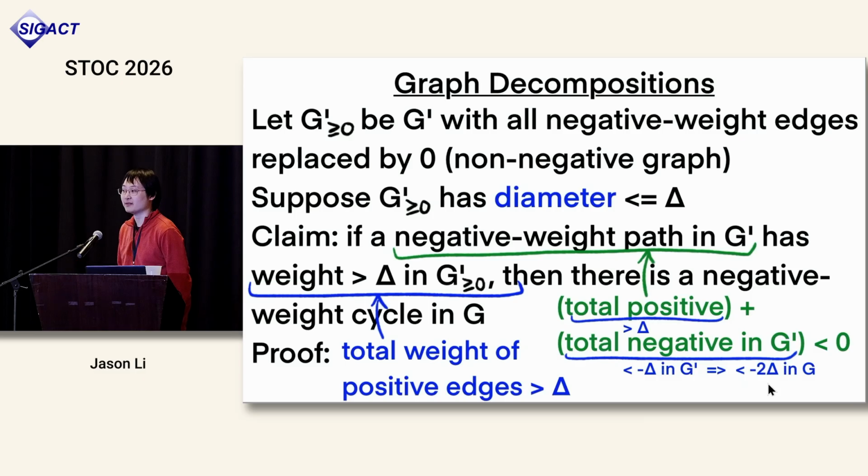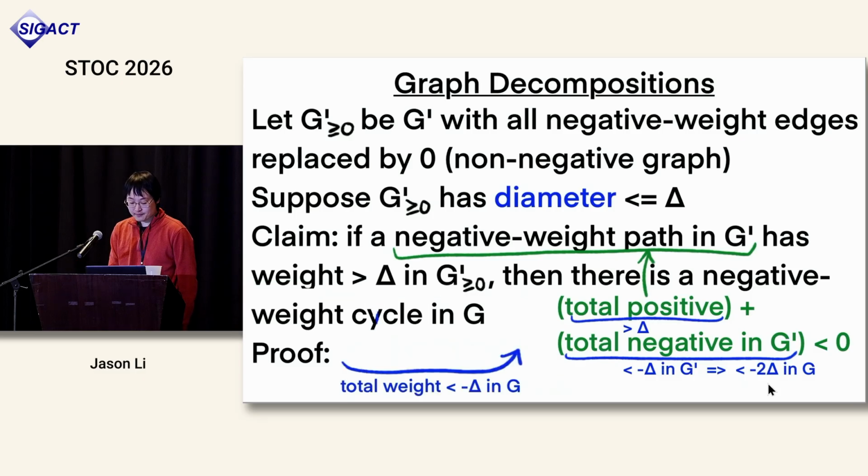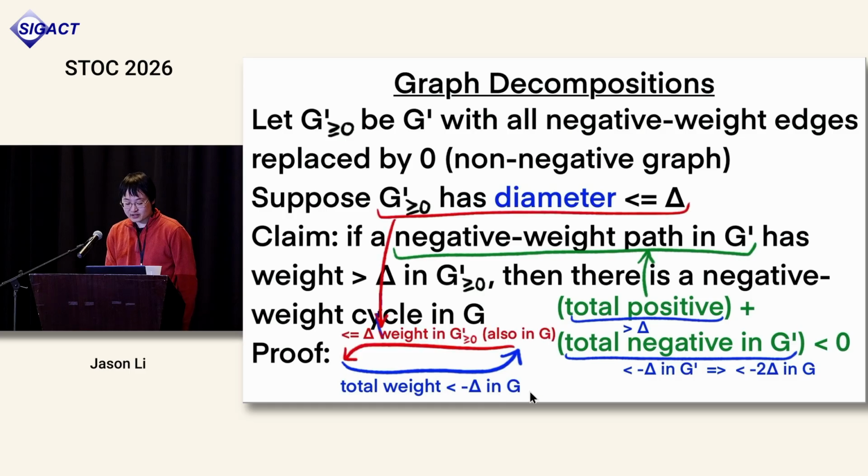So it's doubly negative in the original graph. What does that mean? That means that in total it was delta minus 2 delta, so minus delta in G. And then you can close this path into a cycle with weight at most delta because this graph has low diameter. So that's roughly the proof, and this shows that low diameter structures are useful when considering shortest paths. So any questions so far?